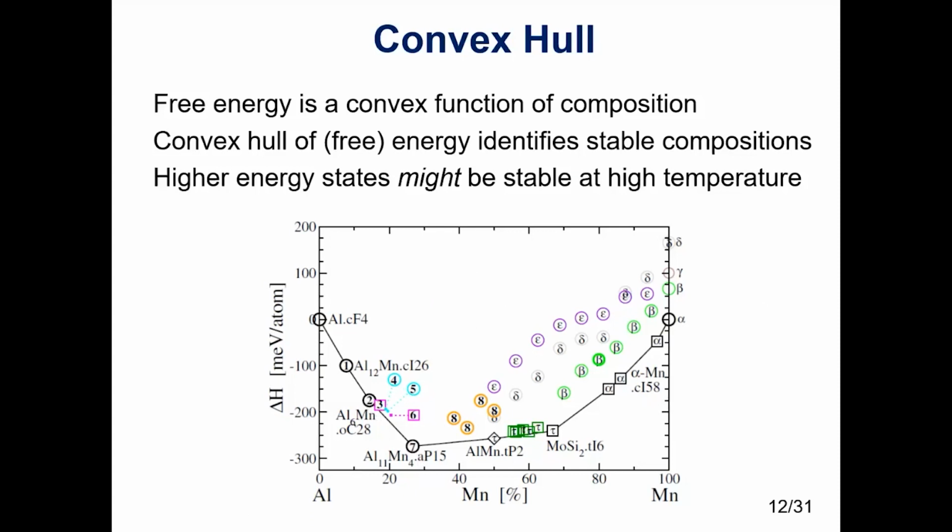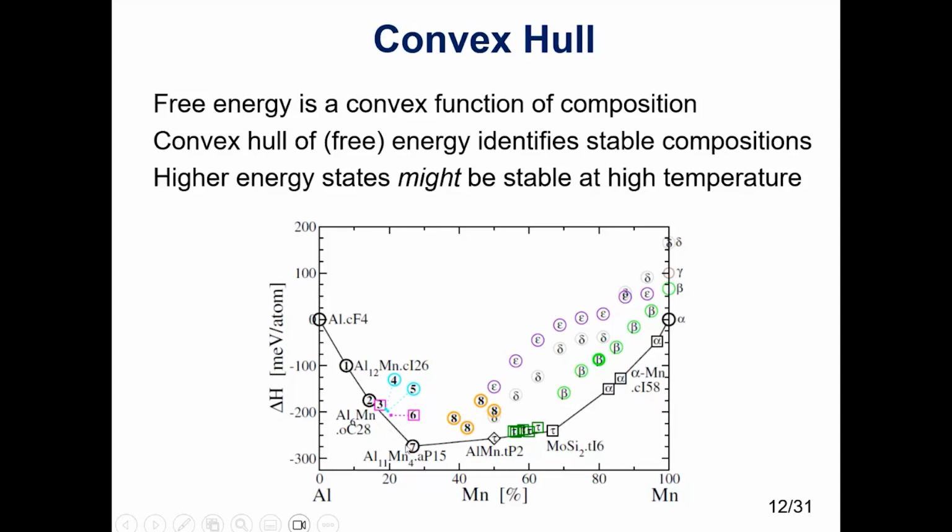What we want, to identify the thermodynamically stable phases, is to find the phases that minimize these functions. The name for the set of minima is the convex hull. And so the black lines that you see here, that's the convex hull for the set of data that I'm showing.